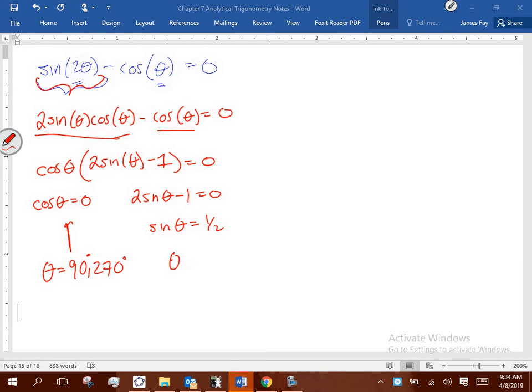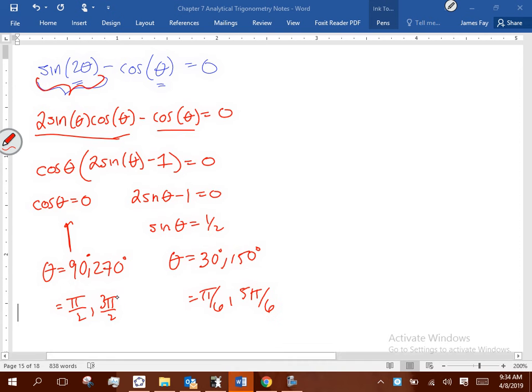Where is sine equal to a half? 30 and 150. And if we go radian, pi over 2, 3 pi over 2, pi over 6, 5 pi over 6, and you can add plus 2 pi k.